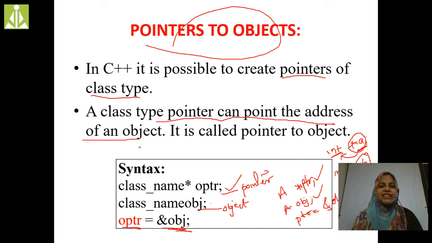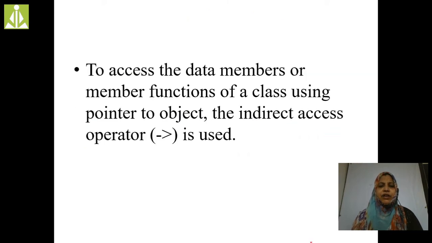This is the general syntax. First it starts with the class name, then we use the star symbol, then the pointer variable, next class name obj, optr equals address of obj. In this pointer variable we store the address of the object.